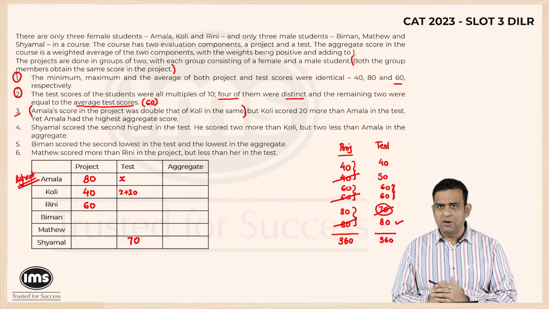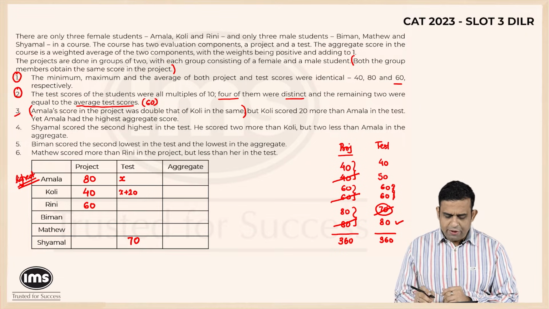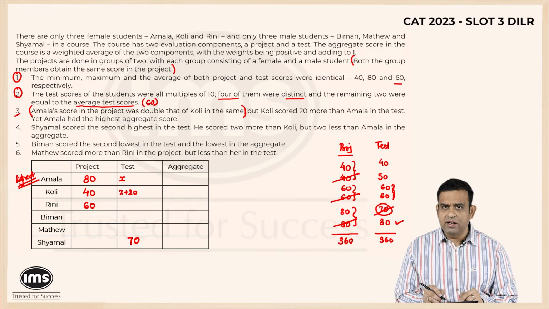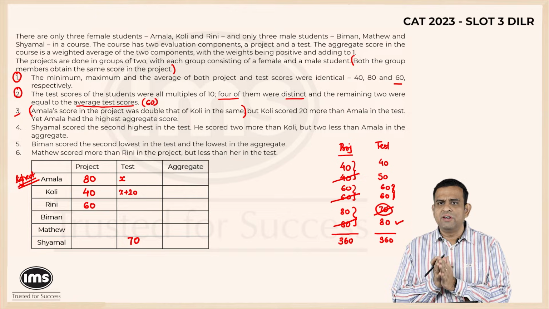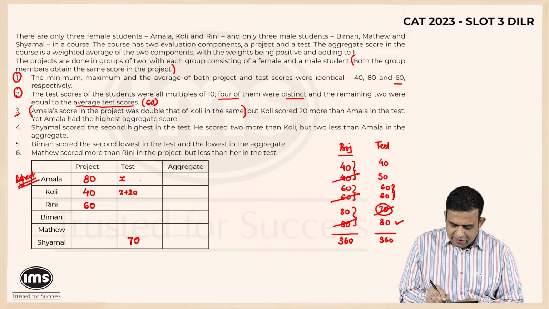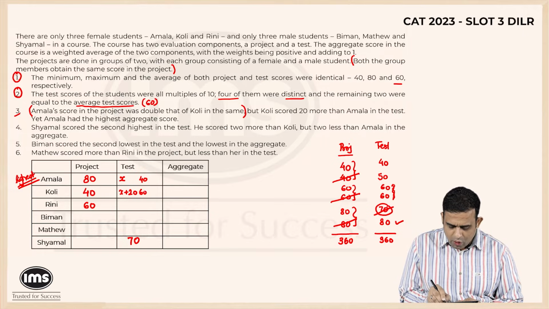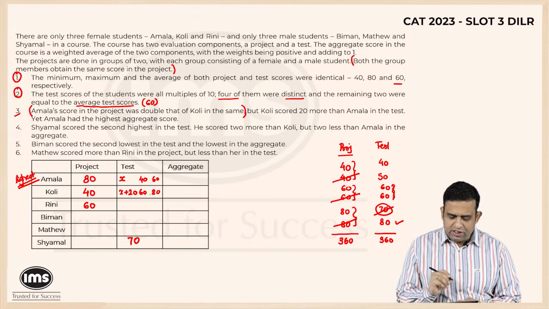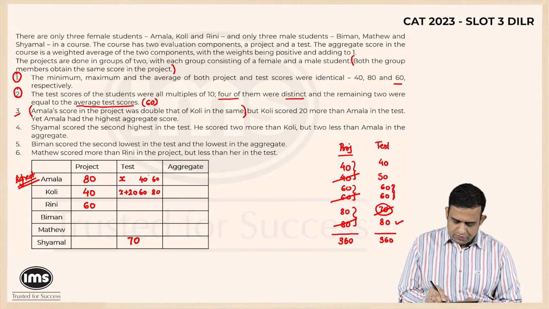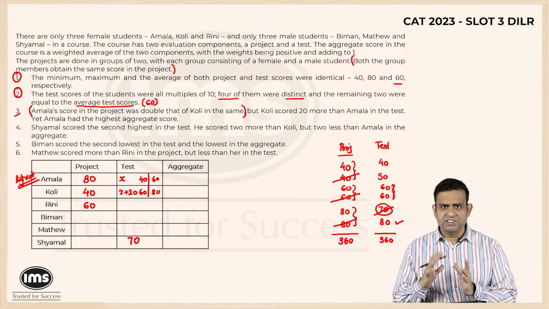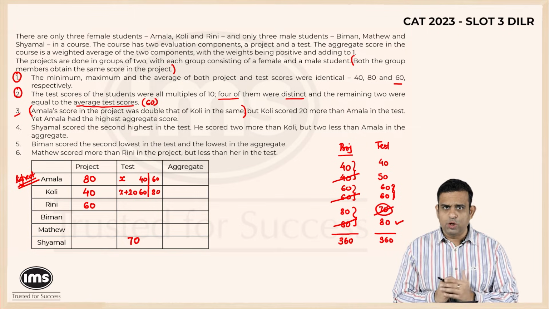So if Shamal has got a 70 and we only have one 70 in the test scores, that means for Amla and Kohli in the test, this cannot be 50, 70. So if it can't be 50, 70, it can be 40, 60, or 60, 80 at the moment. These are my 2 possibilities, either this or this. Let's see, because we are going to use the condition of highest as well.